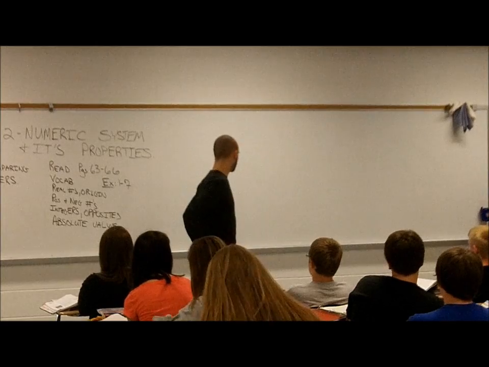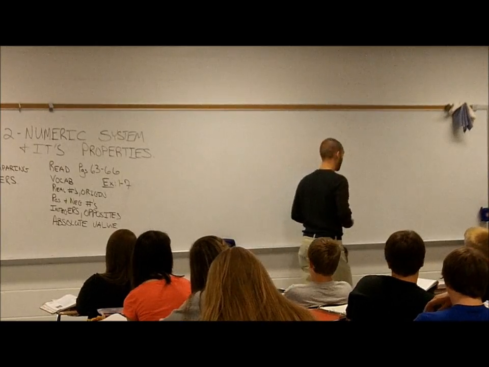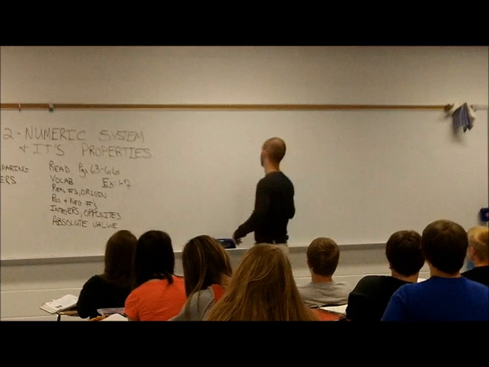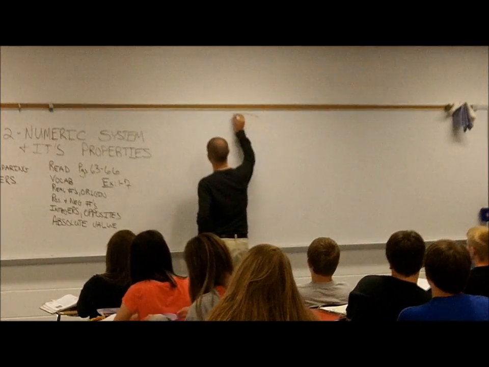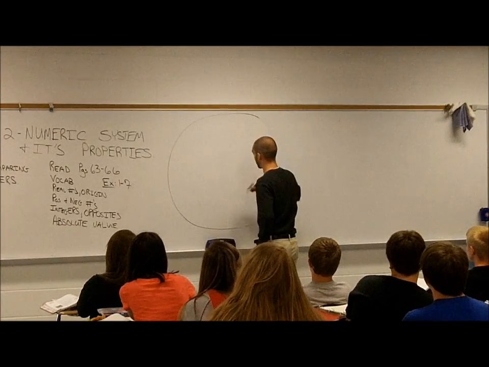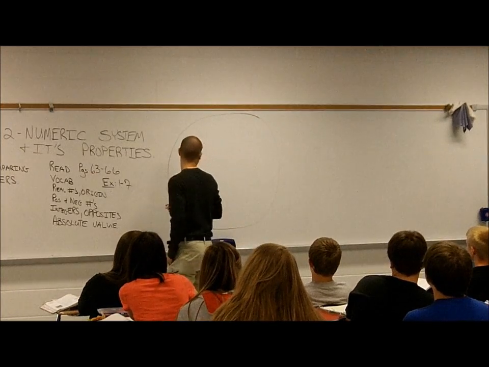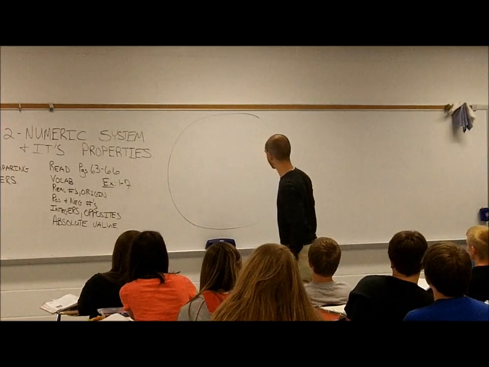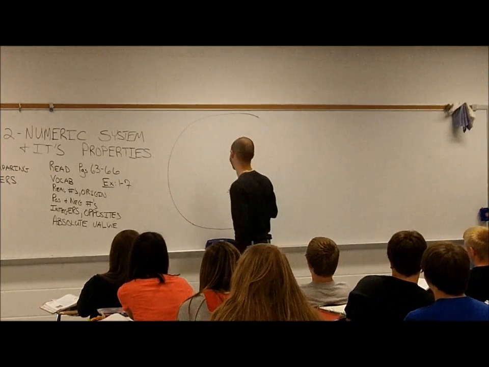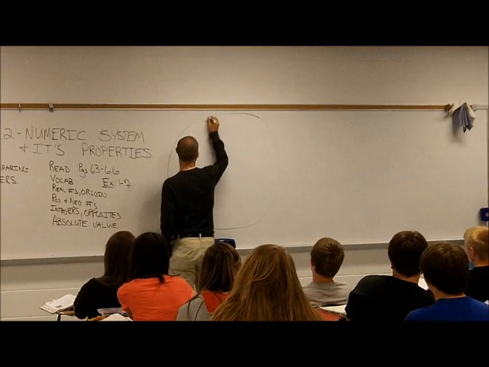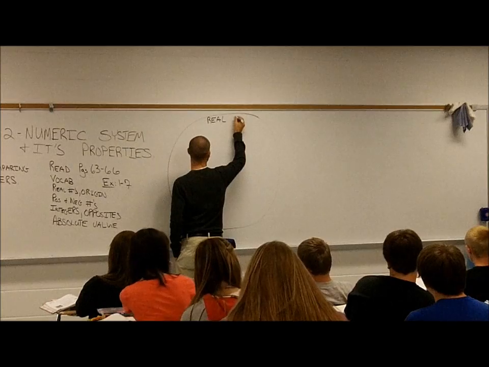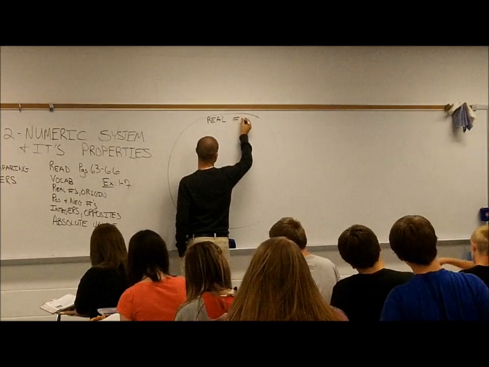So we're going to show that world up on the board. This is the world of real numbers. Good circle. Real numbers. This is going to be your biggest circle.